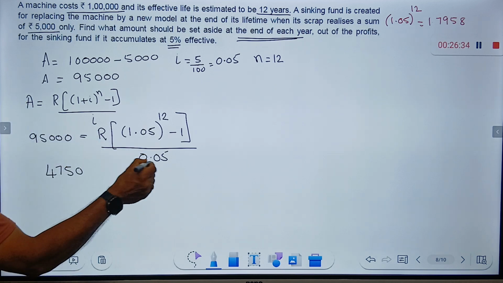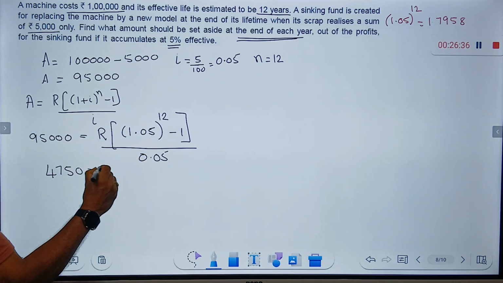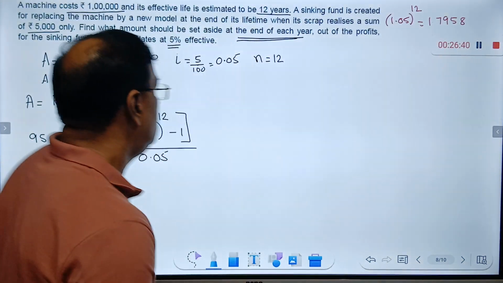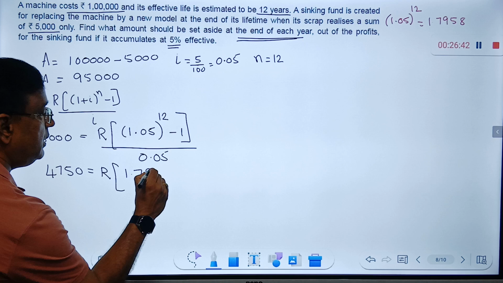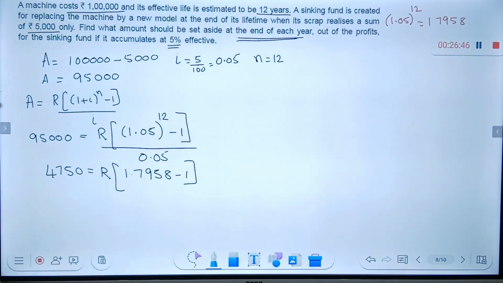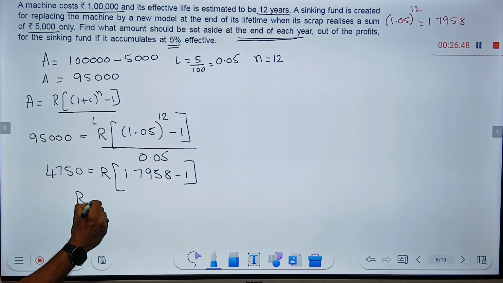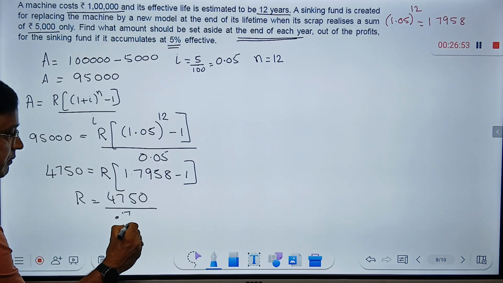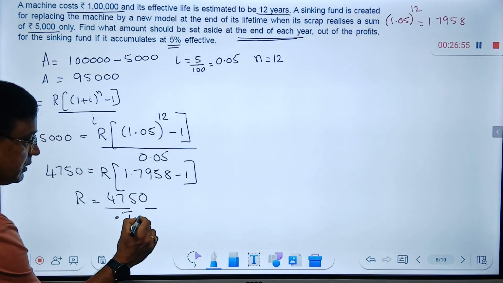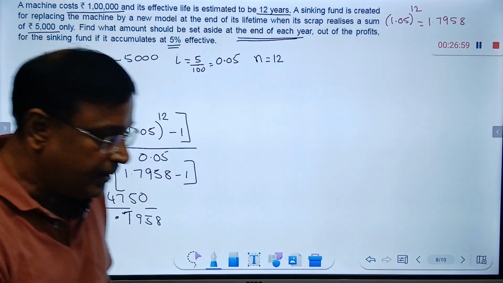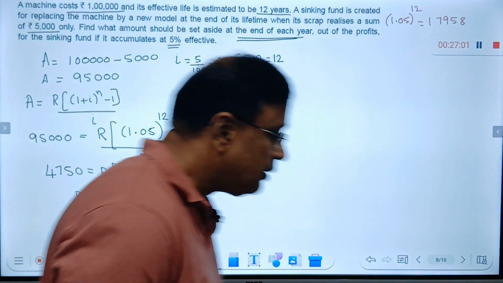It's normal multiplication. Equal to R into (1.05 power 12 minus 1). What is the value? 1.7958 minus 1. So my R will be 4750 by 0.7958. Correct?